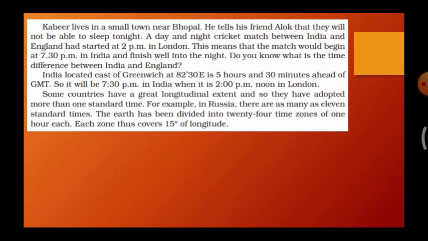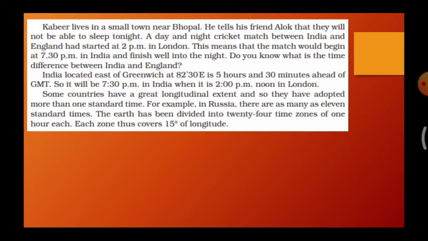So, children, all over India there is the same timing. But between India and England there is a time difference. If in London the time is 2 p.m., in India it will be 7:30 p.m. Why is there a time difference?